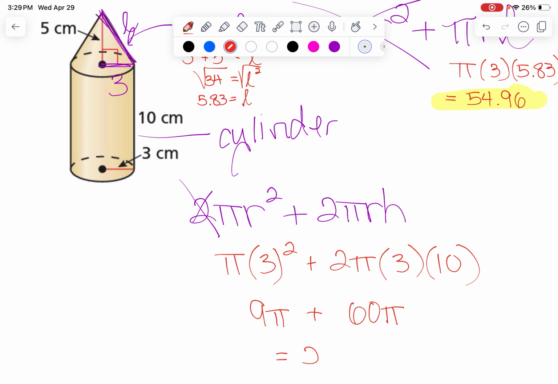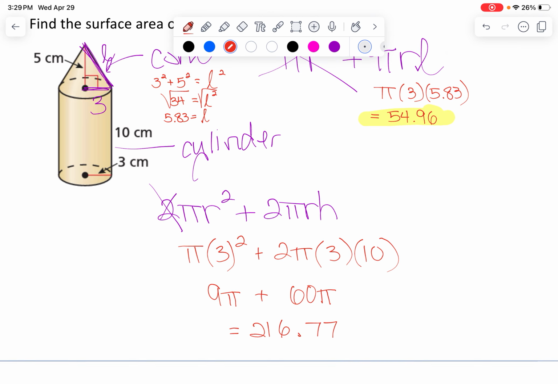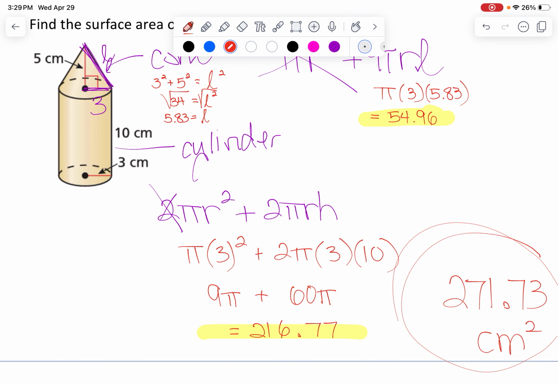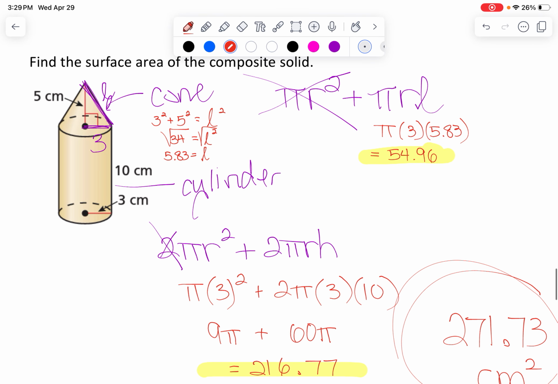That gives us 216.77. Okay. Now we're going to add that together. Let's see what we get. 271.73 square centimeters. So that is the surface area of that composite solid.